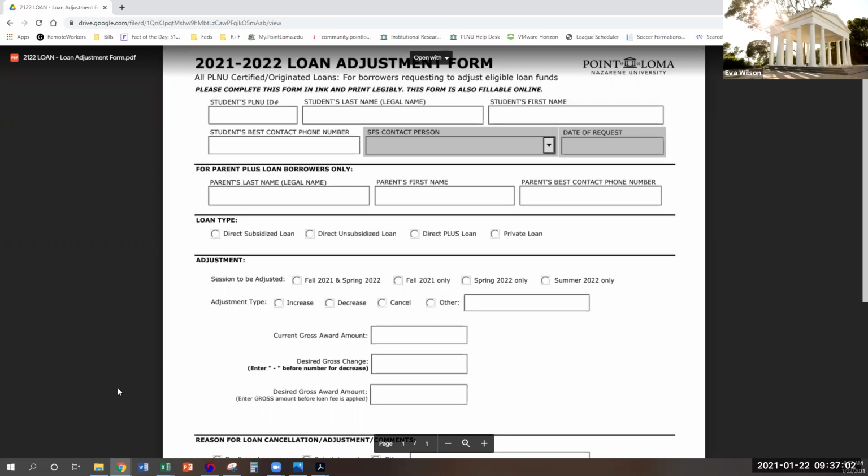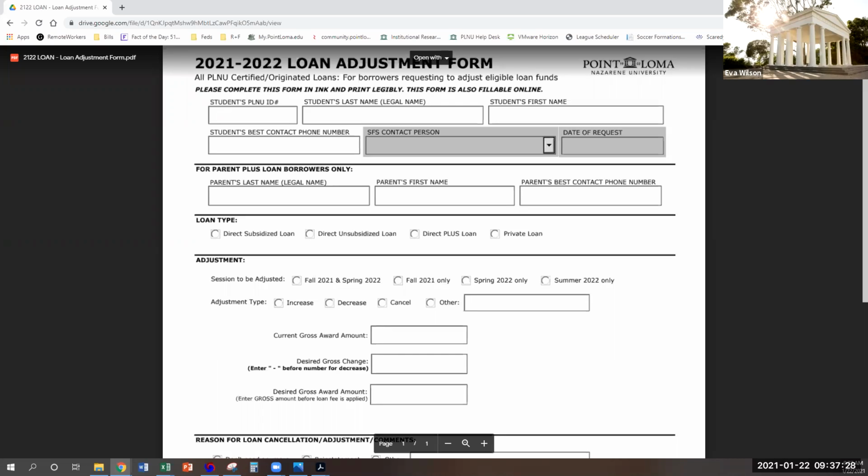But you said $3,500. So you want it as it's on the award letter before any fees are taken out? And if you want the whole amount of the loan, or do you just want the spring portion that they want to reduce?